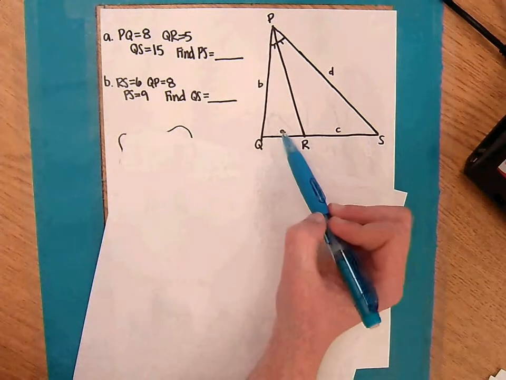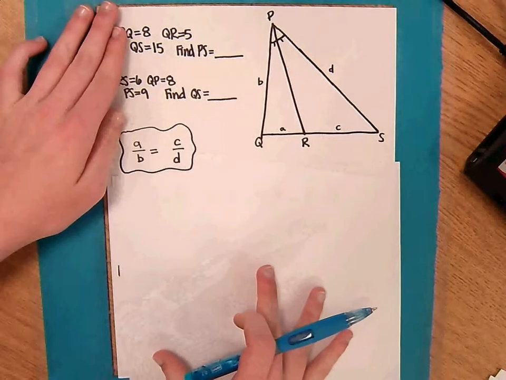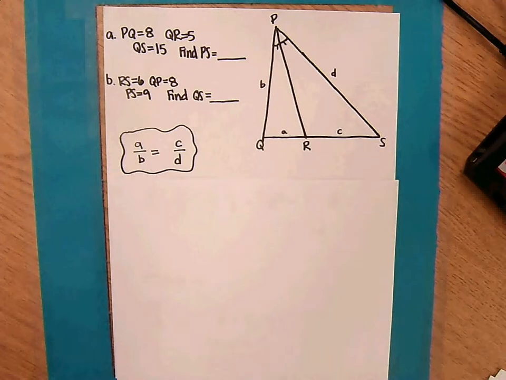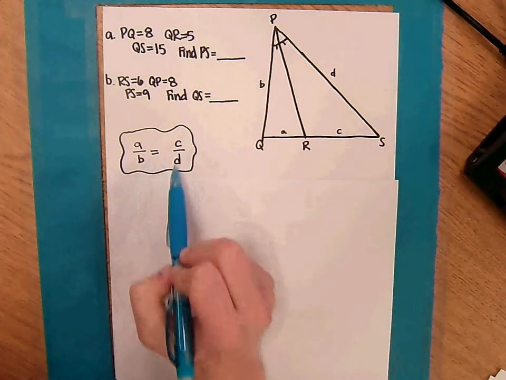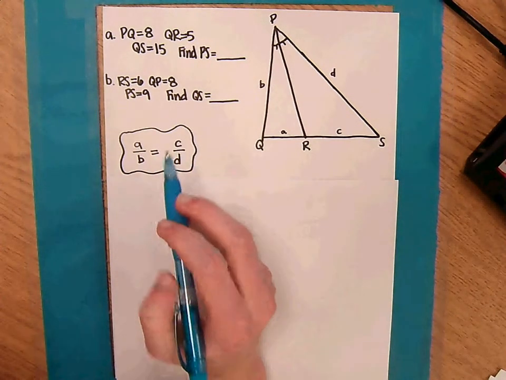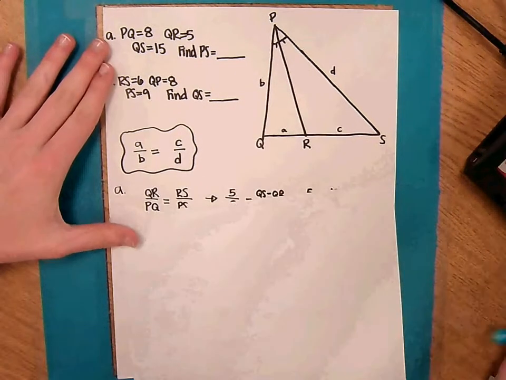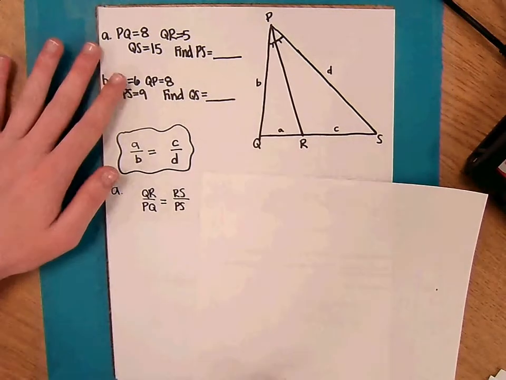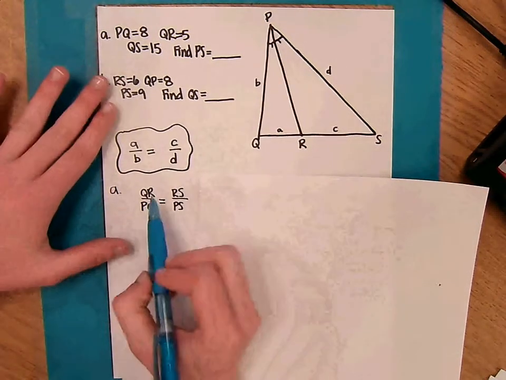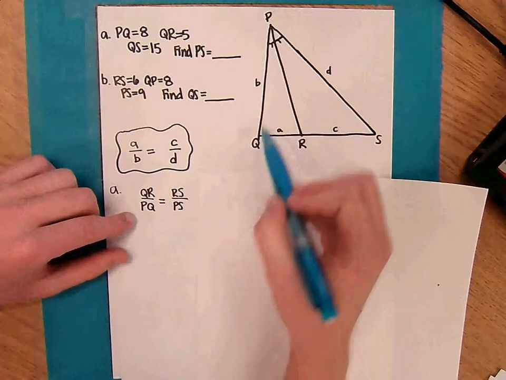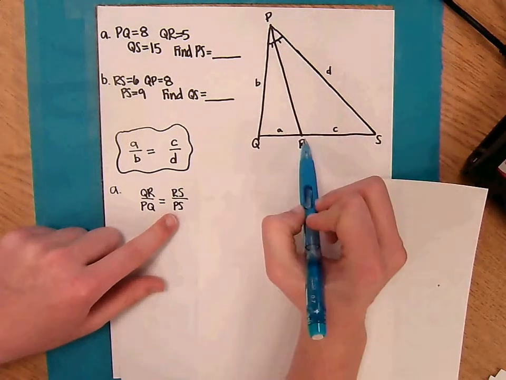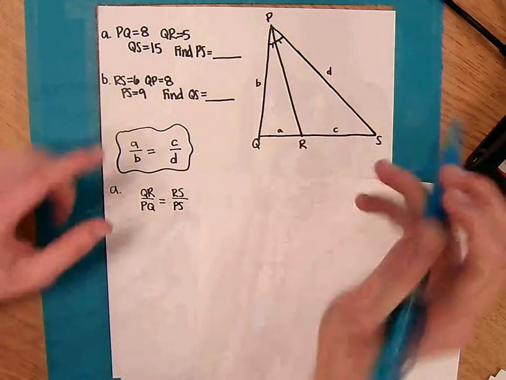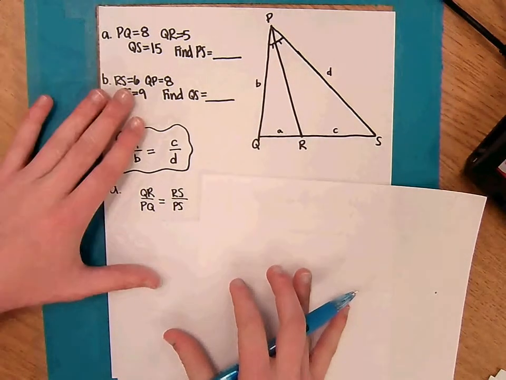I went ahead and labeled using lowercase letters, and I set up the ideal proportion that we're going to use in ratios. So I have A over B equals C over D. The next part I wrote out was I translated all the A's, B's, C's, and D's into the letters for the sides. So I have QR, which is A, over PQ, which is B, equals RS, which is C, over PS, which is D. Then I plug in what they gave me.